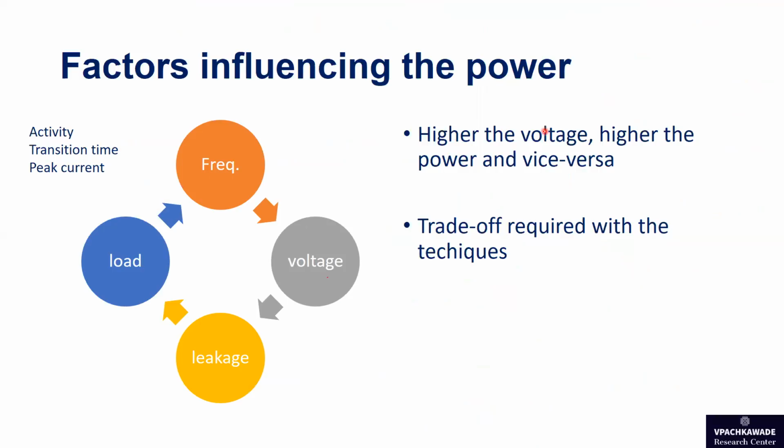Higher the voltage, higher is the power; lower the voltage, lower would be the power. Therefore, a trade-off will be required when applying the techniques. Okay, so I hope you understand the basics about low power design, why it is required and how it is done, with the example of a simple switching circuit, that is the CMOS inverter.